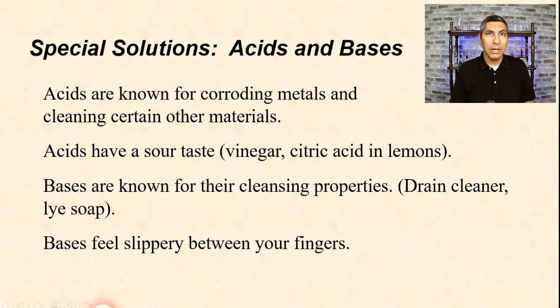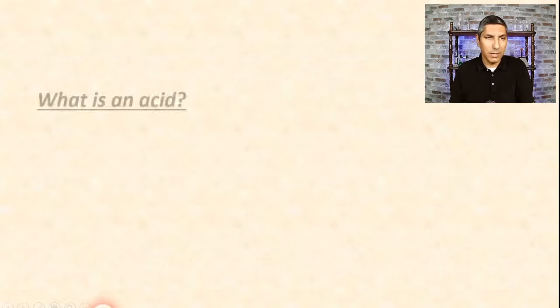In the laboratory, sometimes we work with sodium hydroxide solution. I always have to tell my students, be very careful, because if you feel that sodium hydroxide get on your fingers, it's going to feel very slippery or slick. And so you have to wash your hands to get all of that base off your fingers, otherwise it'll start to burn you. So yes, acids and bases are very important types of solutions that we use in chemistry.